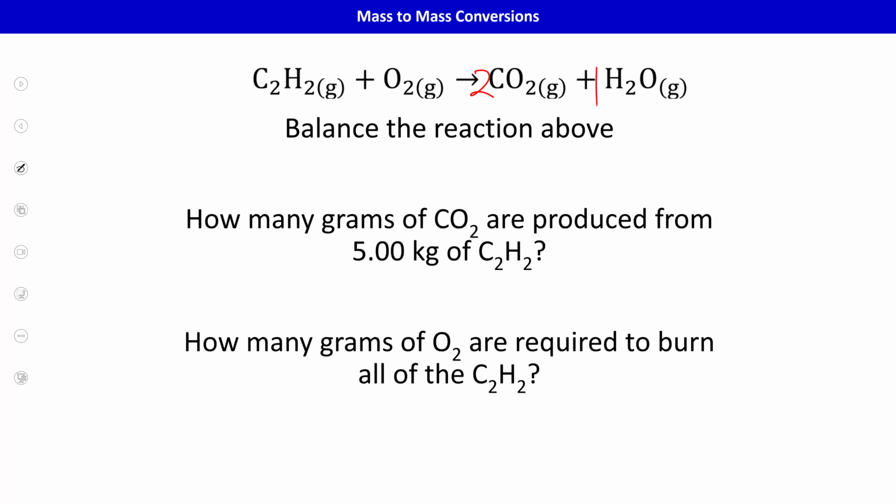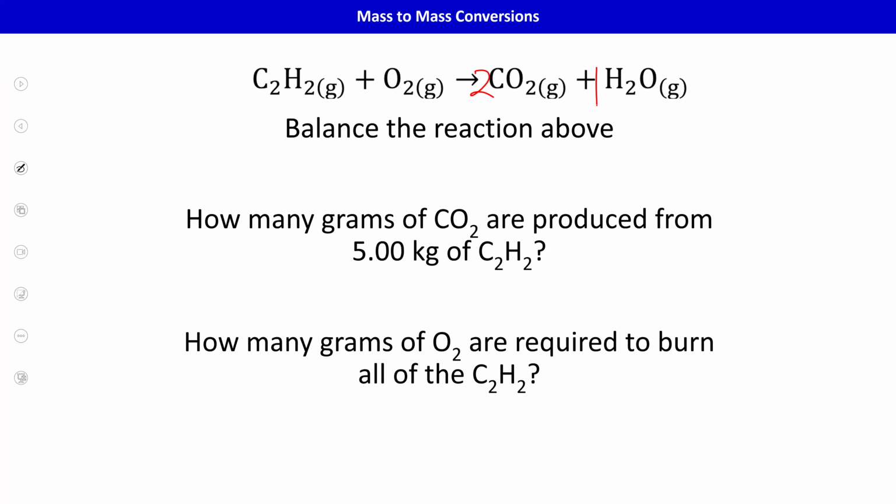Why is that a problem? The oxygens over here are odd, but we can only add oxygens in an even number. So the fact that we have an odd number of oxygens here, but we have to end with an even number of oxygens.